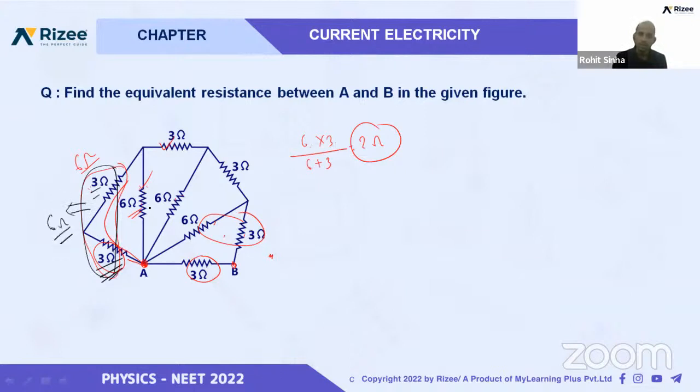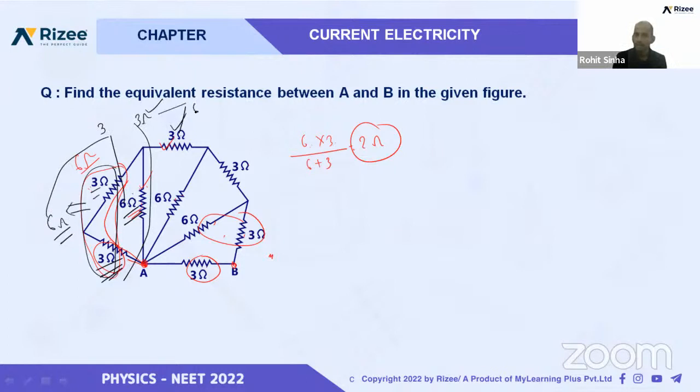This 6 ohm and this 6 ohm are in parallel. Two resistances in parallel, their equivalent will be 3. For this much of the circuit, we got 3 ohm.